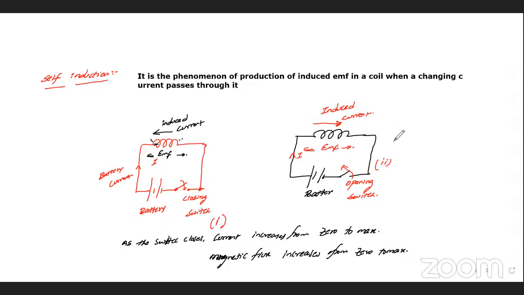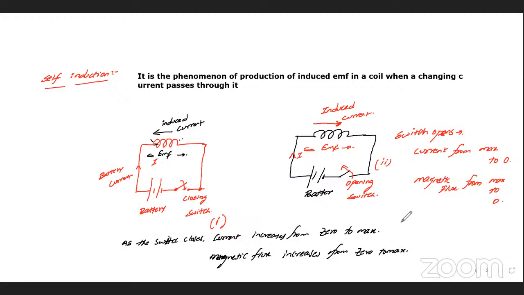Here, when the switch opens, current decreases from maximum to zero, because I am opening it. Same thing for magnetic flux: magnetic flux goes from maximum to zero.